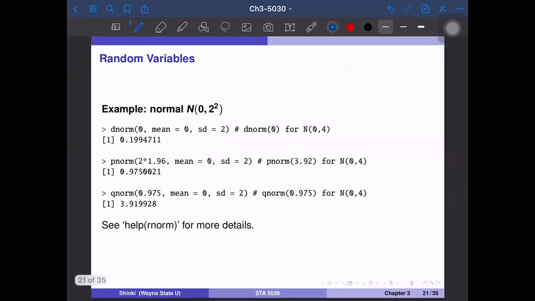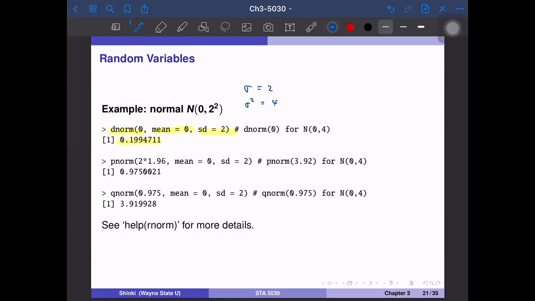Okay, so these are the functions for normal 0, 2 squared. So 2 is the standard deviation. So sigma is 2, sigma squared is 4. So d norm 0, and mean 0, standard deviation 2, that becomes 0.199. So you can see that the standard deviation is twice as large.